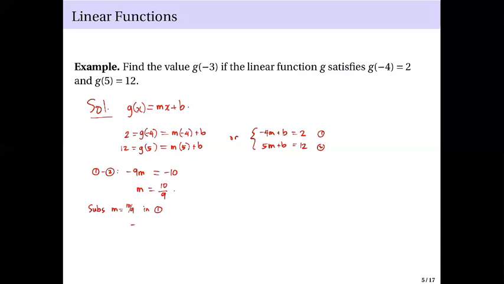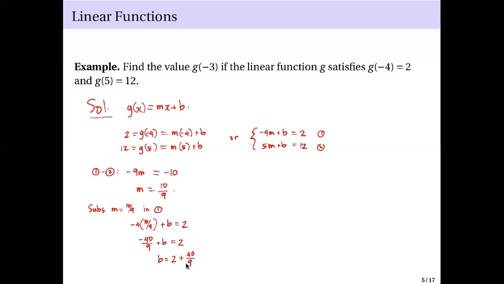So we will have negative 4 times 10 over 9 plus b equal to 2. But this is just negative 40 over 9 plus b equals 2, or b equals 2 plus 40 over 9.